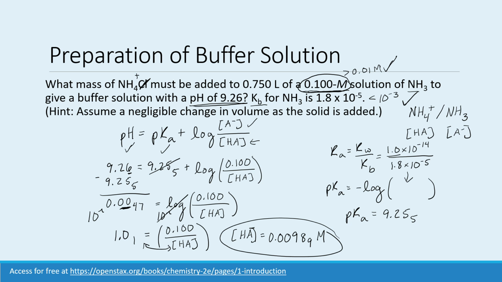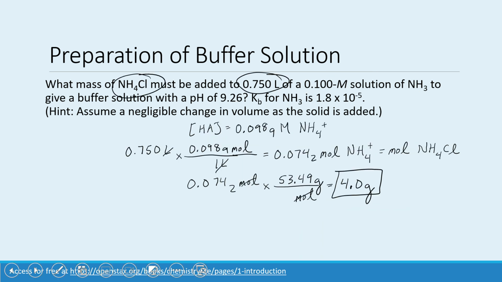The concentration of the acid was right at about 0.01, right? If we round all of that, it would become 0.01. So check that off. Plus the ratio was right at about a 1-to-1 ratio, right? 1.01. So the ratio worked out everything, and so we were able to use that Henderson-Hasselbalch equation.